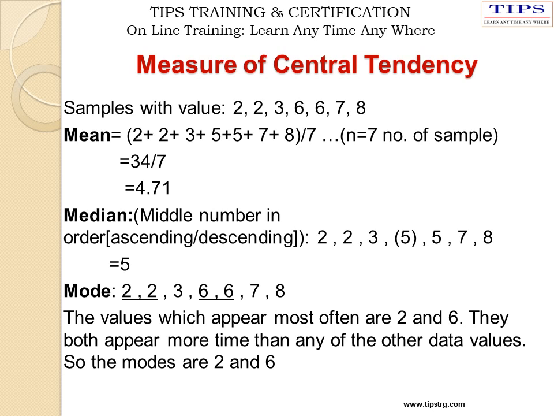Next, the example of mode. Here, when we determine in terms of pairs, the most occurring values are 2 and 6. So, here there are two modes, the values 2 and 6 respectively.